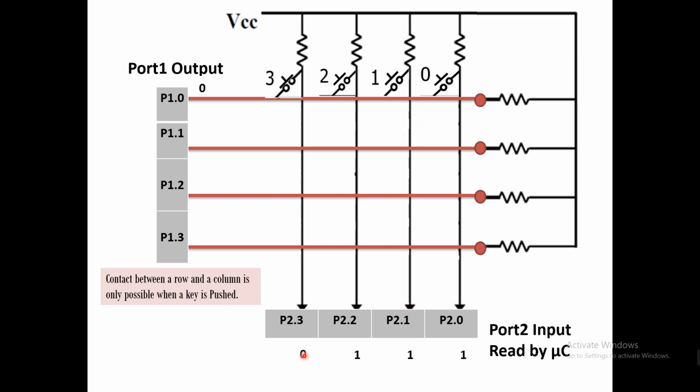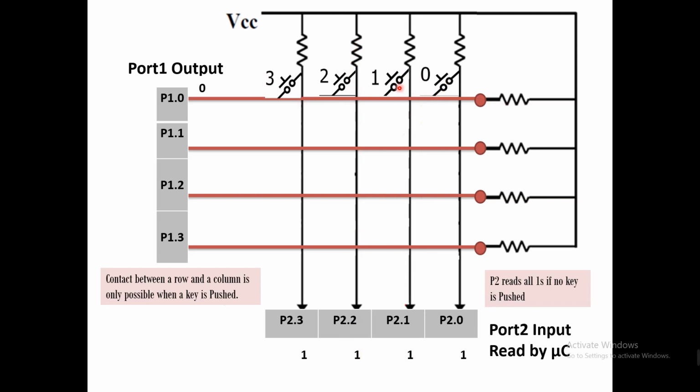This is a good point, because we are now able to check which switch is pressed. For example, if this becomes 0, we will say the switch 0 is pressed. If this status is 0, then switch 2 is pressed. If this becomes 0, switch 1 is pressed. So we are at least able to say which of the 4 switches is pressed. Okay, now we move onward.